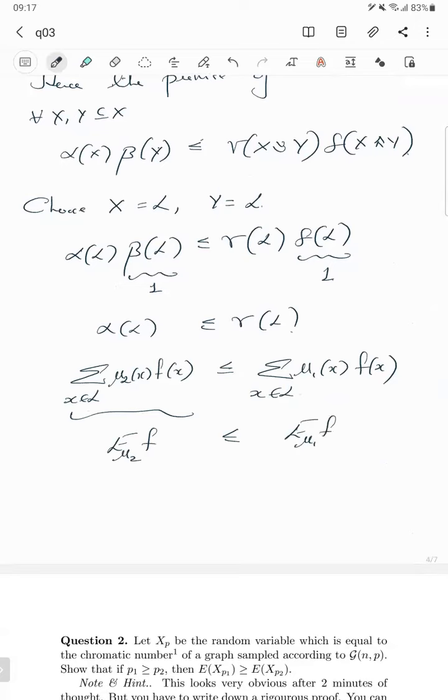So is the argument till this point clear to all of you? There is one more step to do, which is to consider what happens if f could take negative values. But in my opinion, this is the key idea.